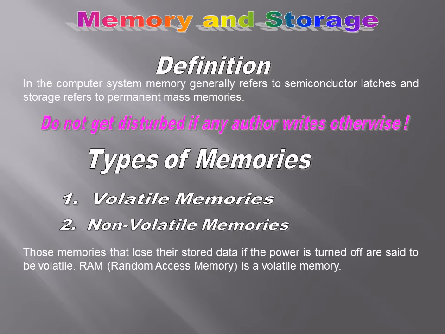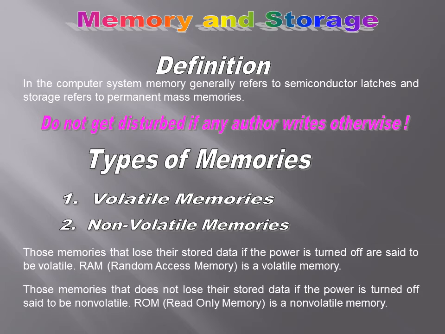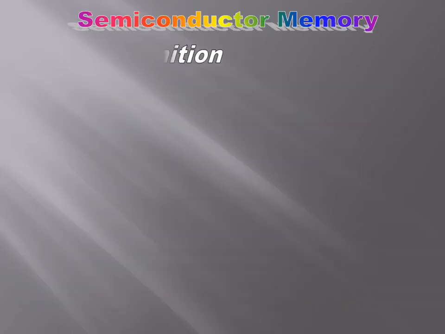The second type is non-volatile memory. Those memories that do not lose their stored data if the power is turned off are said to be non-volatile. ROM, read-only memory, is a non-volatile memory.